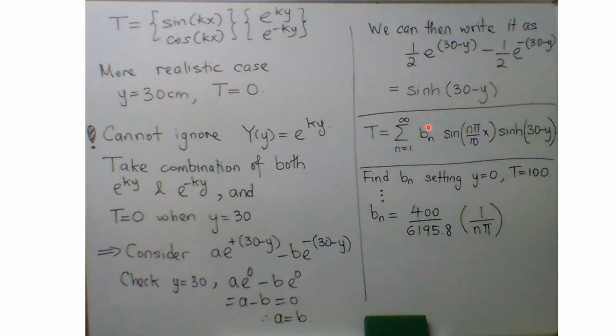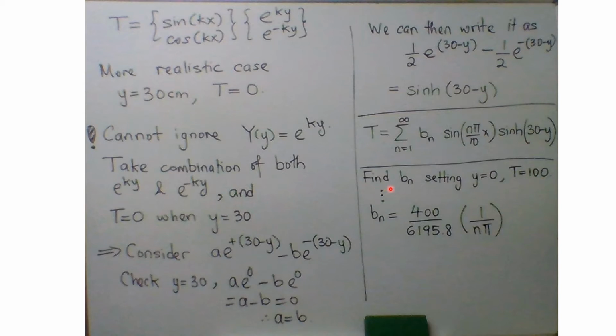So now you need to determine the coefficient Bn, the Fourier coefficient, and here I leave it to you as an exercise. That is, you must find Bn, provided that when your y equals 0, your T is going to be 100, right?